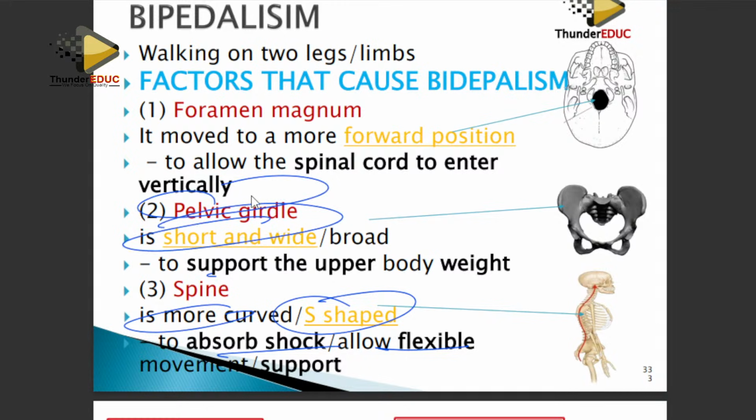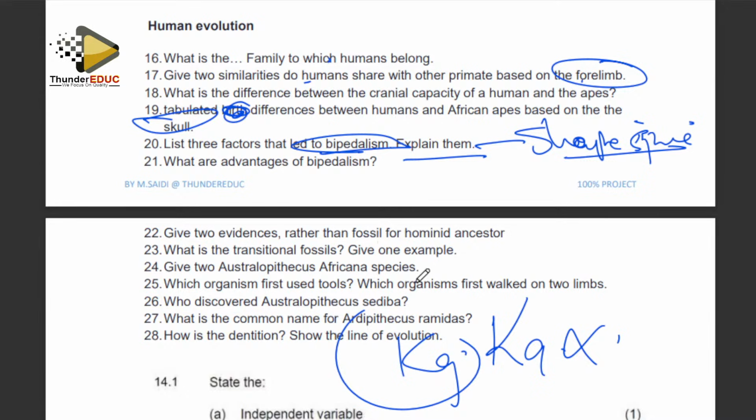Short and what? Wider to support the upper body weight. Then the foramen magnum is in a more forward position to allow the spine to connect vertically. So that is what you're supposed to do, answer in that regard. So we go to the next question.